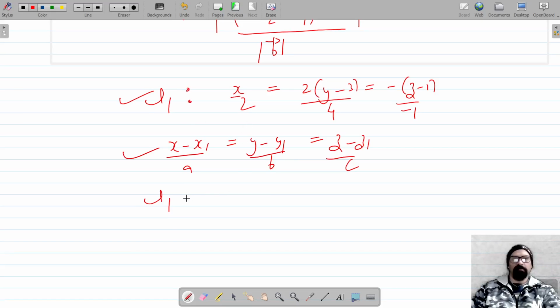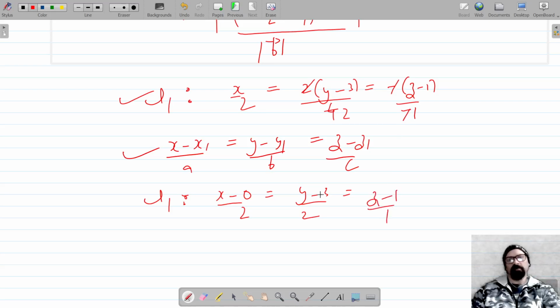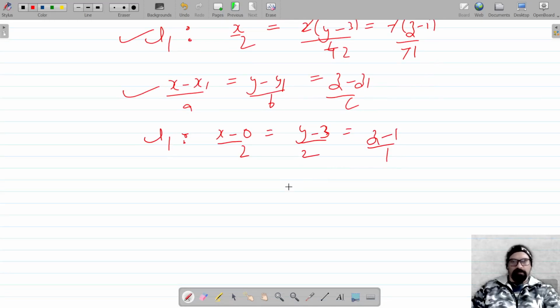Let me write this in the standard form. So this is now x minus 0 by 2 is equal to y minus 3 by 2 is equal to, this gets cancelled, z minus 1 by 1. Okay, so here it's position vector. I'm going to write down its position vector. So this line is passing through the point 0, 3, and 1.